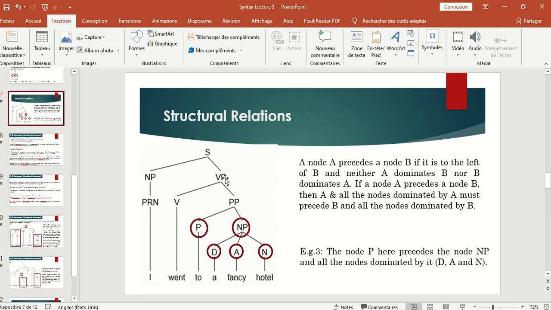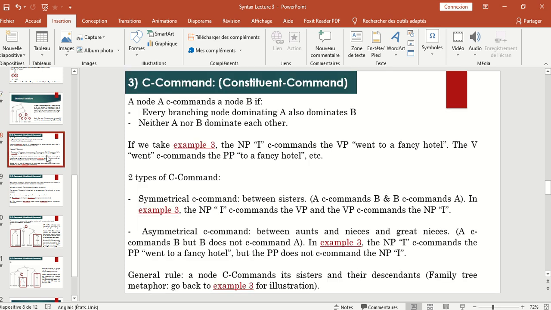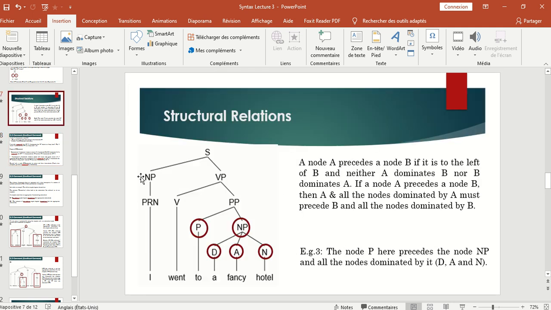Why? We said we have two rules. The first rule is every branching node dominating A also dominates B. What is the first branching node dominating NP? It is S. Does S also dominate VP? It does. This is the first rule.